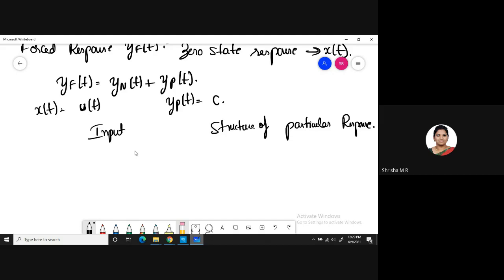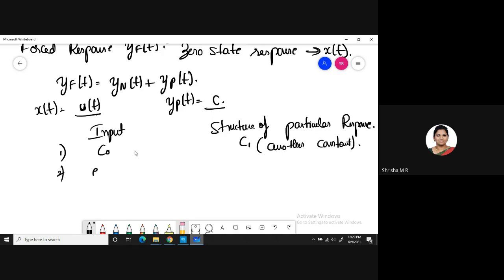If the input is some constant C0, then the structure of particular response will also be some constant C1, which is another constant. As we have seen, if u of t is your x of t, particular response will be some constant, because u of t is also constant, it is 1, right?